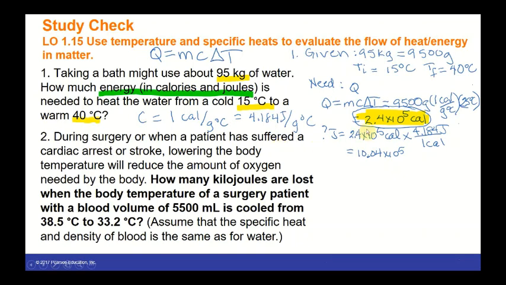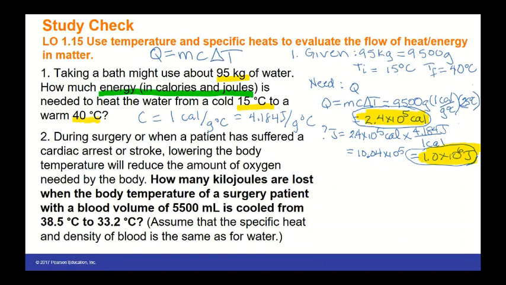If we just plug in 2.4 times 4.184 in our calculator, we end up with this number. Just simply bring down your exponents here, and then we can put it into proper scientific notation: 1.0 times 10 to the 6 joules.